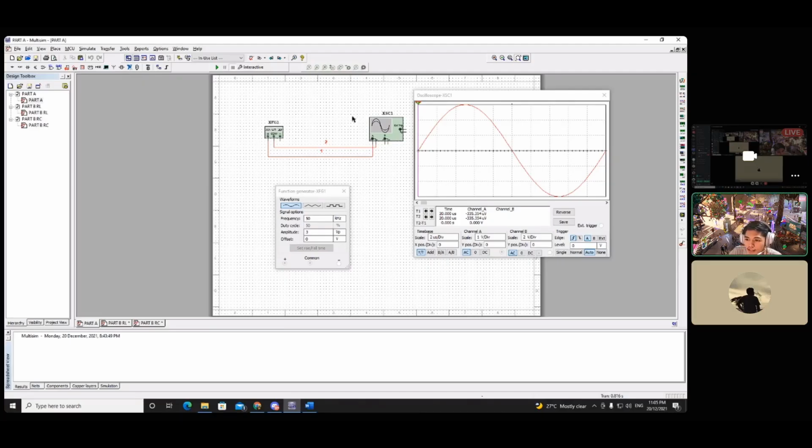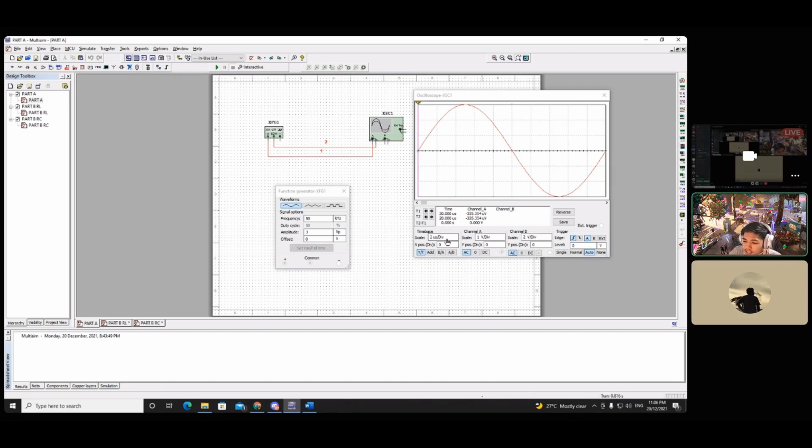The function of the oscilloscope is to display the voltage signal as a waveform. As you can see in this Multisim, this is the waveform, and in the oscilloscope you can set the time base, channel A and channel B. Time base is the X axis setting.